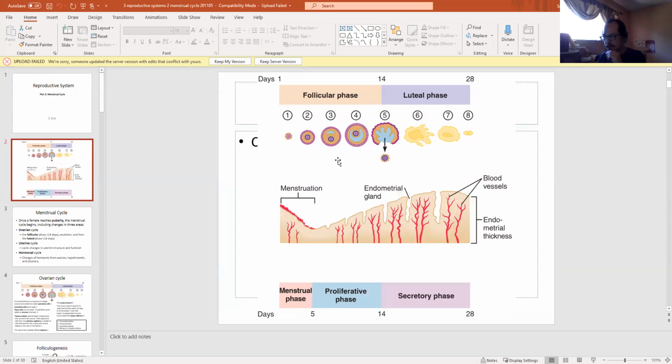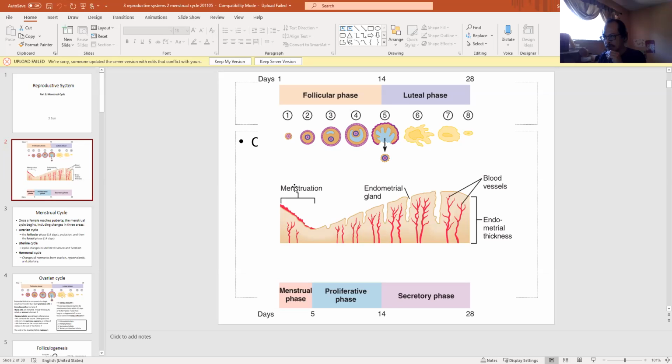So this is the change. I got this one from the textbook, so you may find this more familiar, but that basically is the same thing. This one doesn't really show the uterus, so I think it's nicer in the other picture. Same thing: in the ovaries we have the follicular phase and the luteal phase.